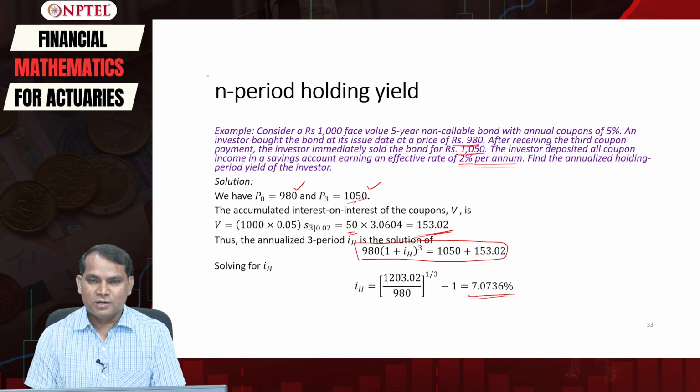I believe we have now understood most of the concepts related to bonds and bond pricing. In the next session, we will be discussing some topics that are related to bond management.